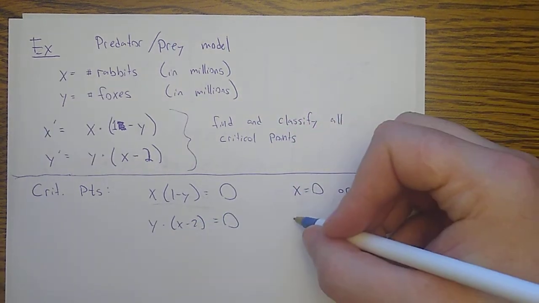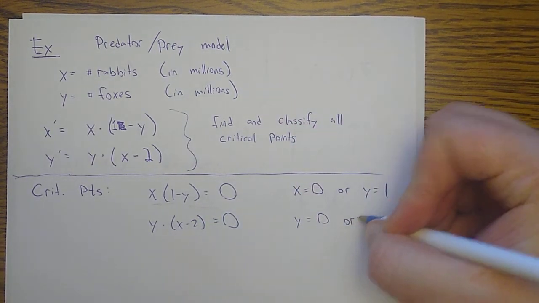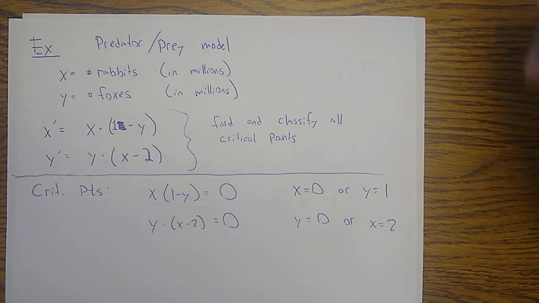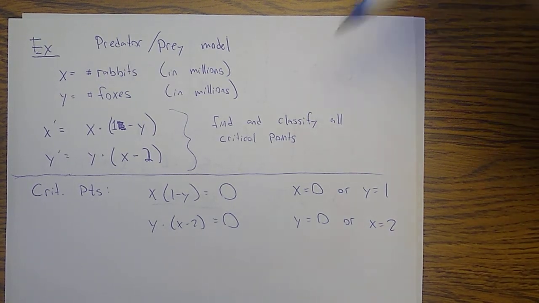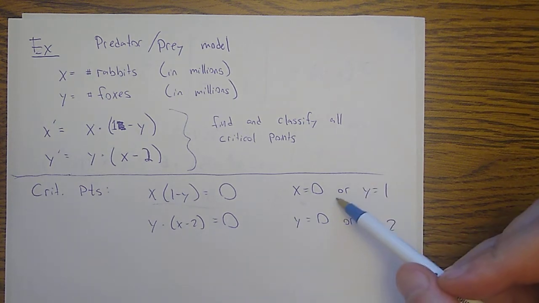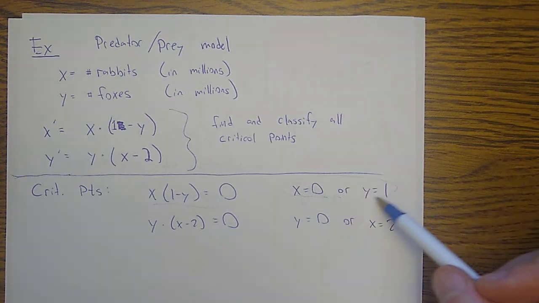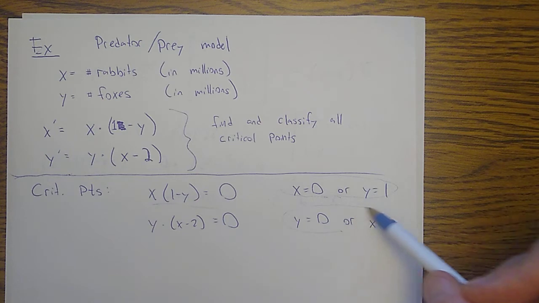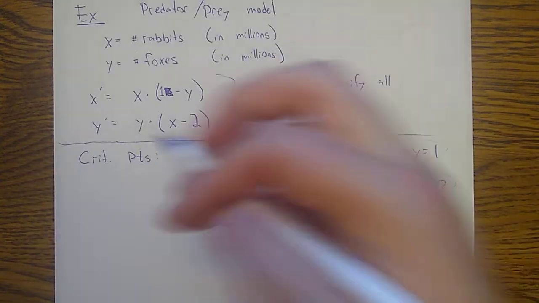This one tells me that y equals 0 or x equals 2. So, logically, how does this work? I know that one of these things is true, and one of these things is true.